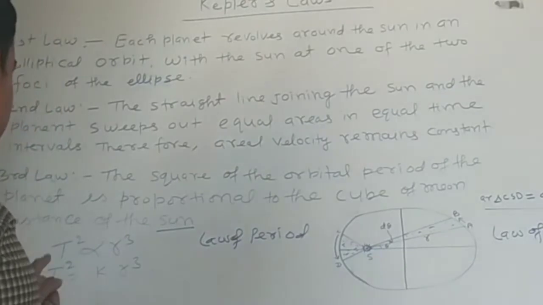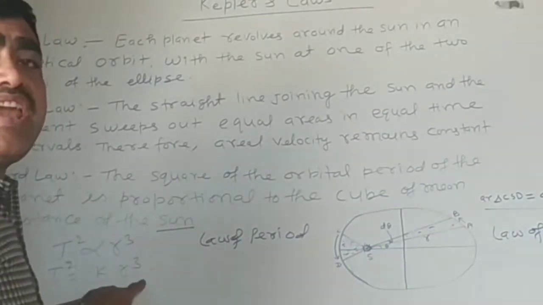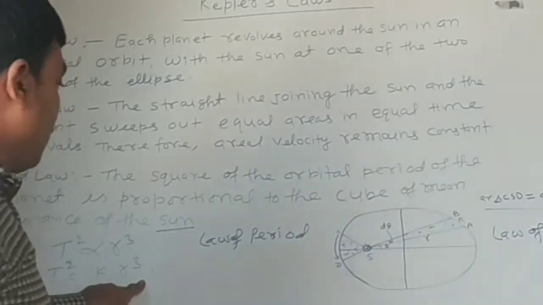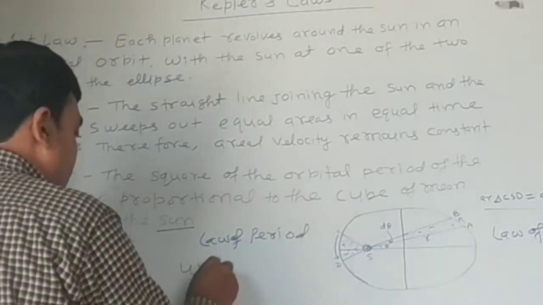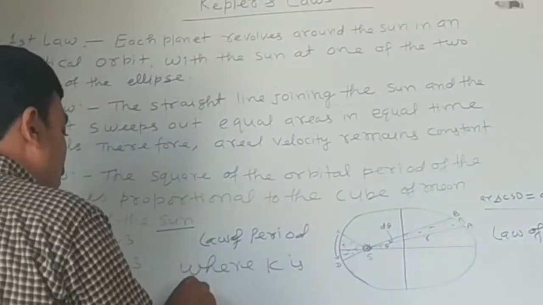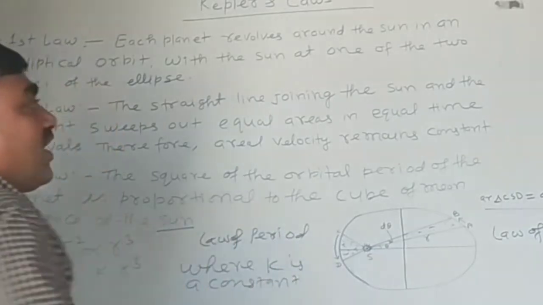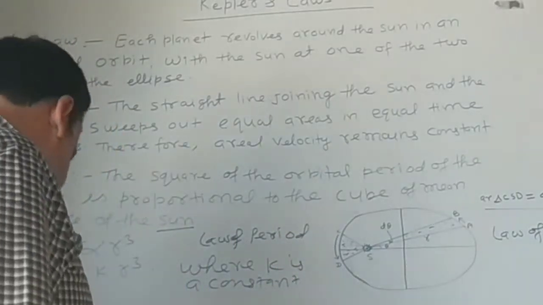Okay, that implies T square varies as K into R cube, where K is a constant.